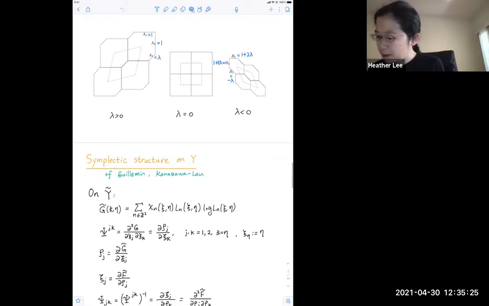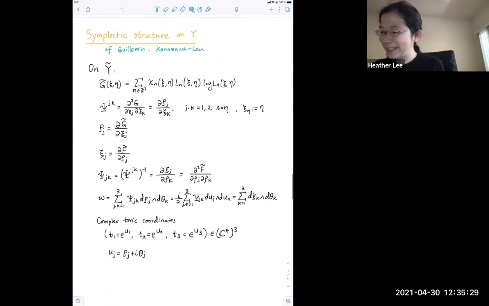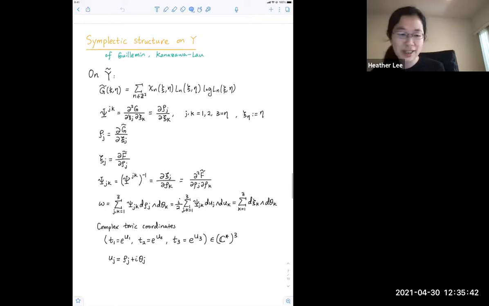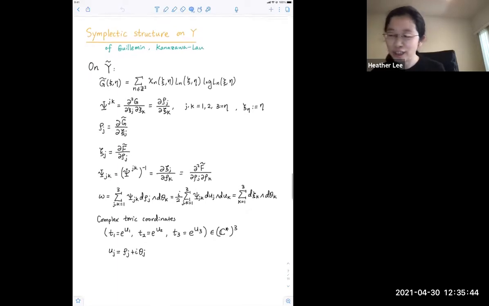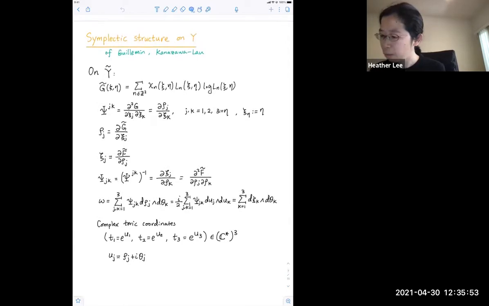So there's a lot of formulas. Let me talk through this. There's a symplectic structure on Y, and this was already readily set up for us. We just realized that if we use Guillemin's Kähler structure on toric varieties, it works for everything we need.